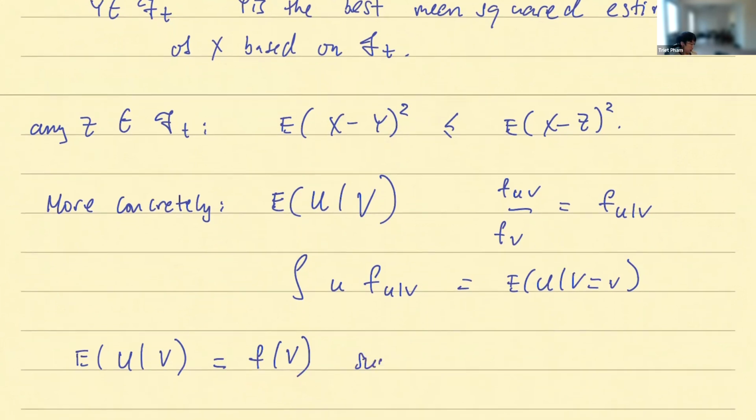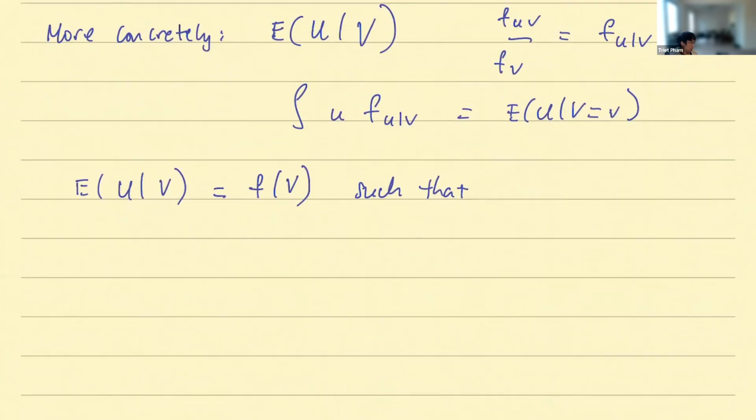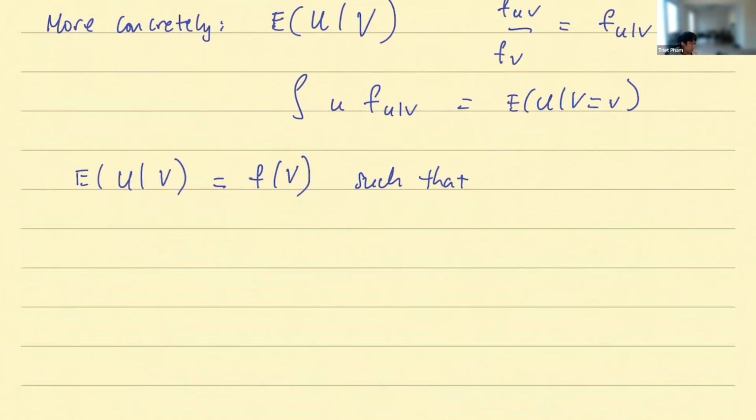Furthermore, the best mean square estimate property still holds, meaning that for any other function based on V, you cannot do better, meaning the mean square error using this guess is the best.